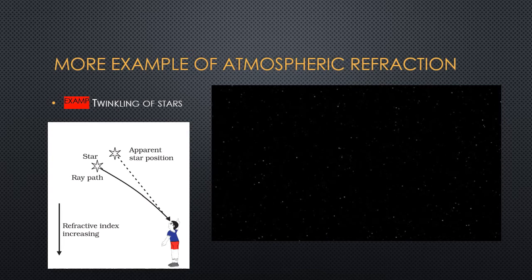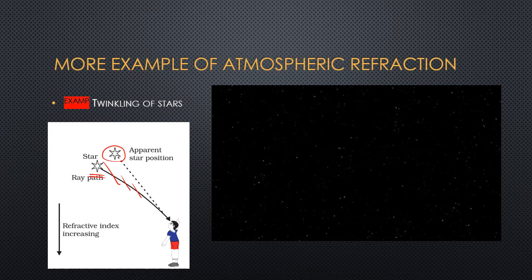If you draw a normal at this point, we can see the light continuously moving in this direction. It starts bending towards the normal, and the apparent position of the star is slightly different from its actual position. This is the actual position, and this is the apparent star position.